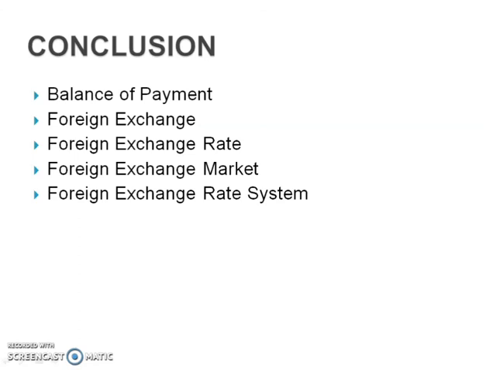Foreign exchange is currency other than the home currency. The rate at which one currency is converted into another is known as the foreign exchange rate. The market for foreign currency is known as the foreign exchange market.